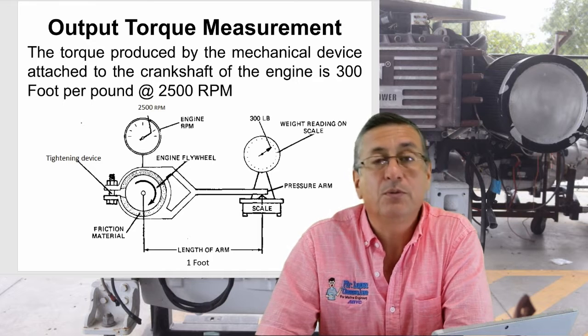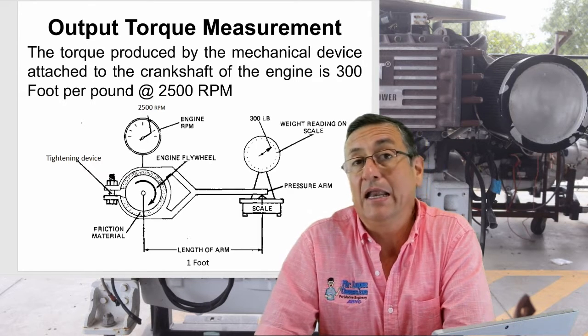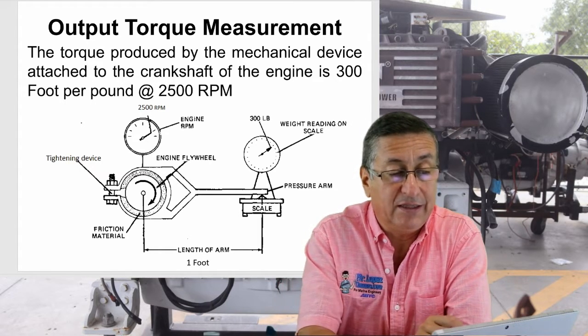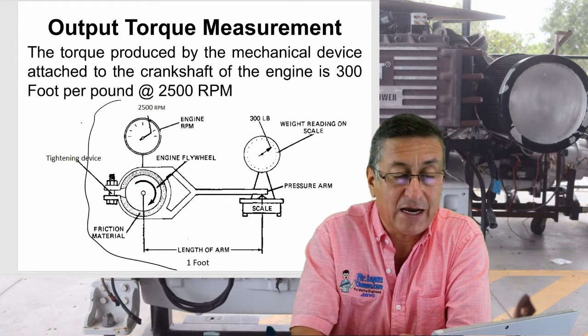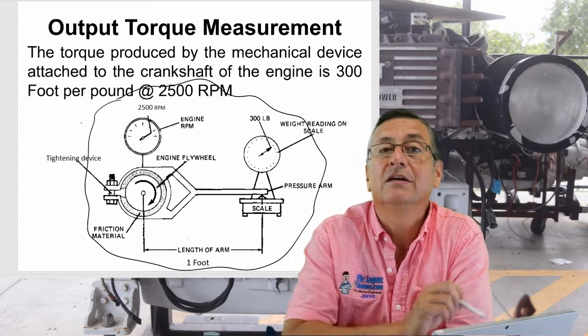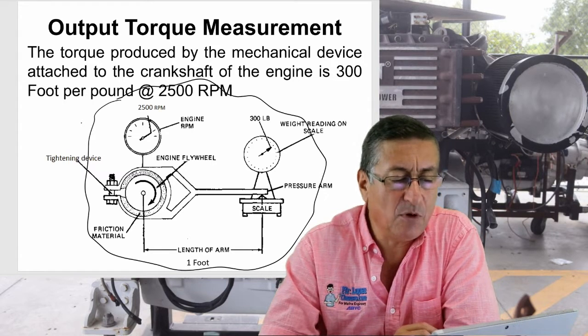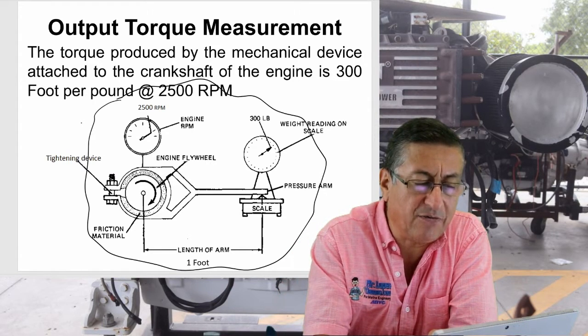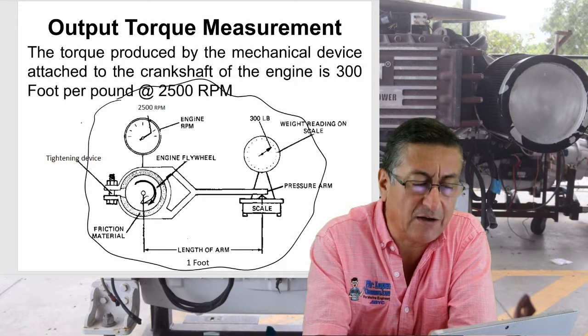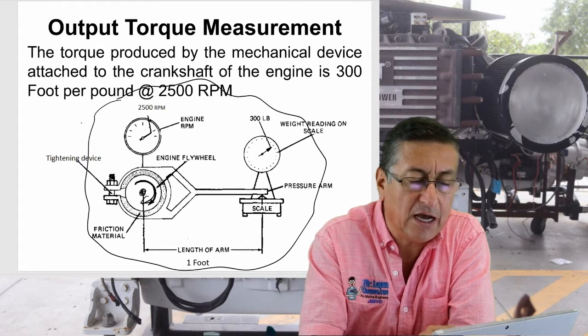The torque produced by an engine. This is an example, the diagram of the dynamometer. The dynamometer is very simple. This is the shaft, the crankshaft, and you install these mechanisms.